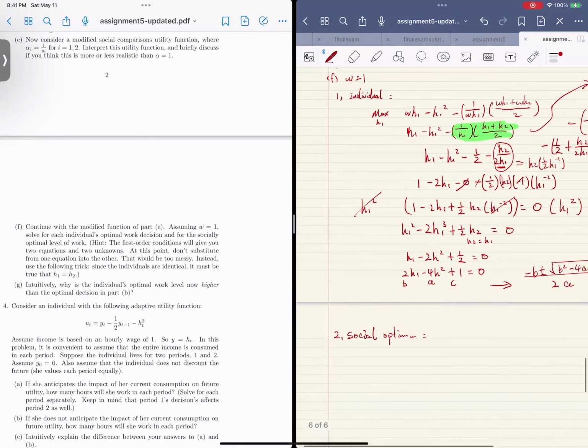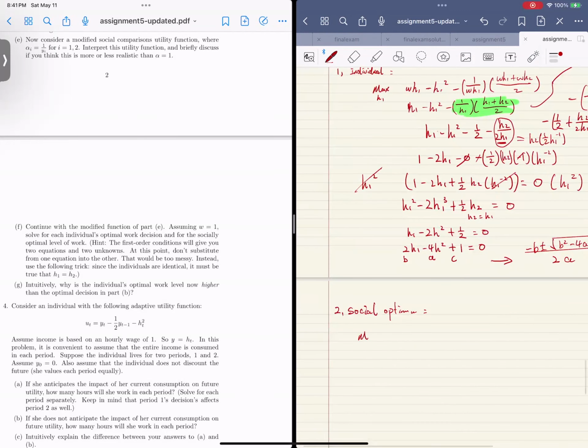Yeah. So this, I'm just going to write it out, not going to solve it. This would be the max over x1, x2 of u1 plus u2.